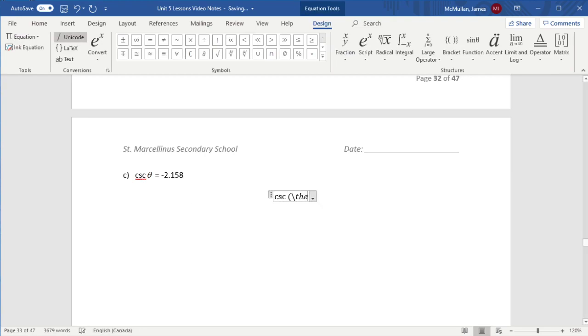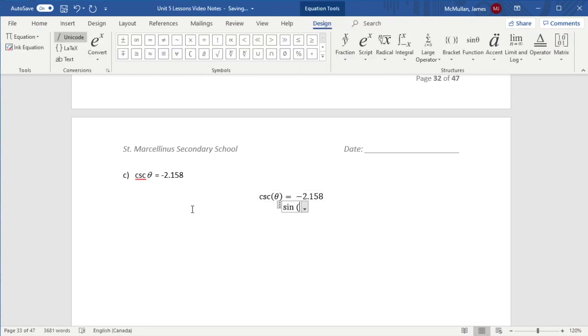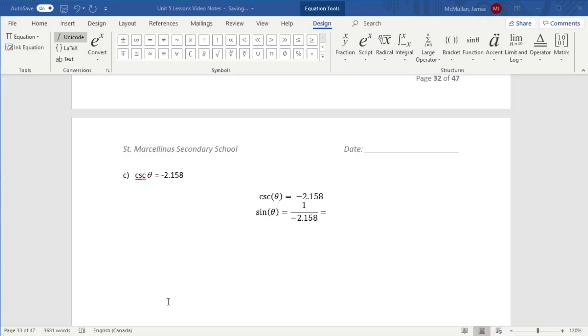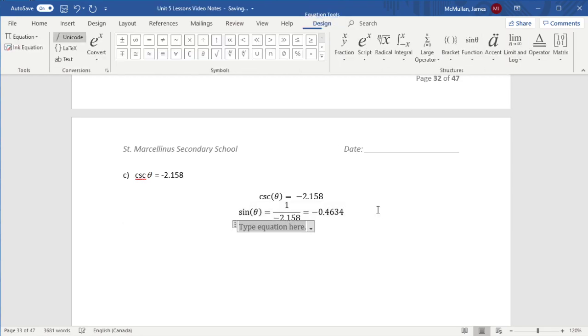So cosecant theta is equal to negative 2.158, which means sine, because cosecant is the reciprocal of sine, is 1 over negative 2.158, and that is the same number as negative 0.4634. So if it's cosecant or cotangent or whatever, just flip it over and then you're good to go the same way you would have done any of the other questions.